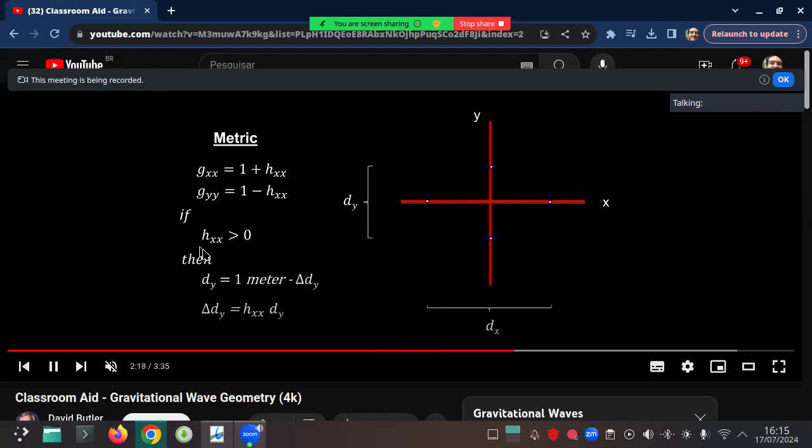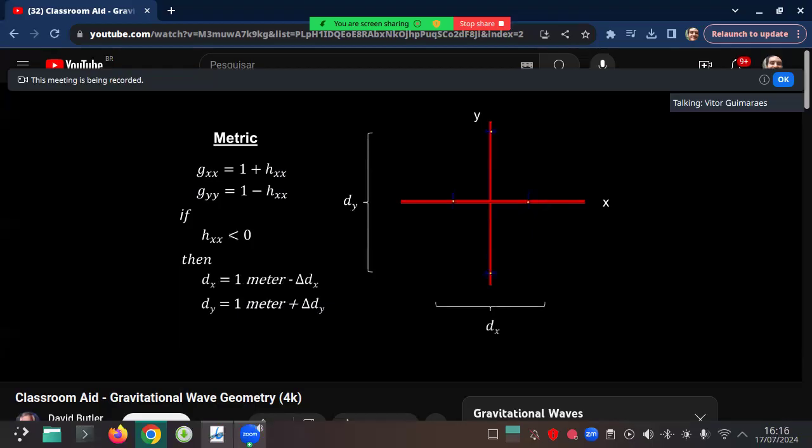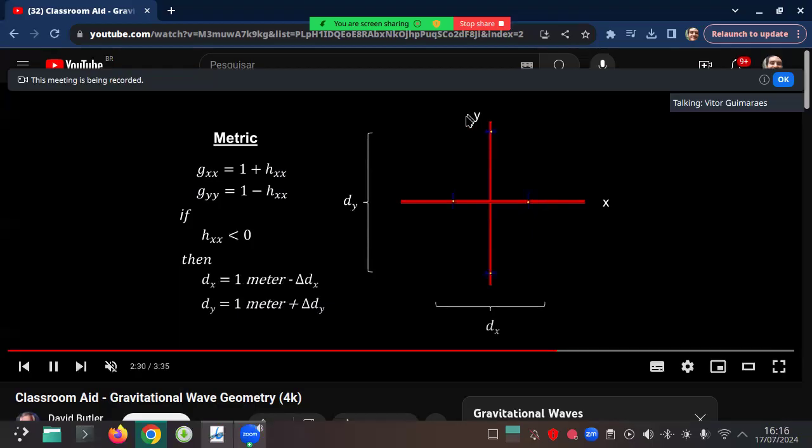If the perturbation is positive, the distances will decrease. If it's 0, it will remain the same, right? And if it's negative, the distances in the y-axis will increase, right? Because it's a minus sign here in the y direction.